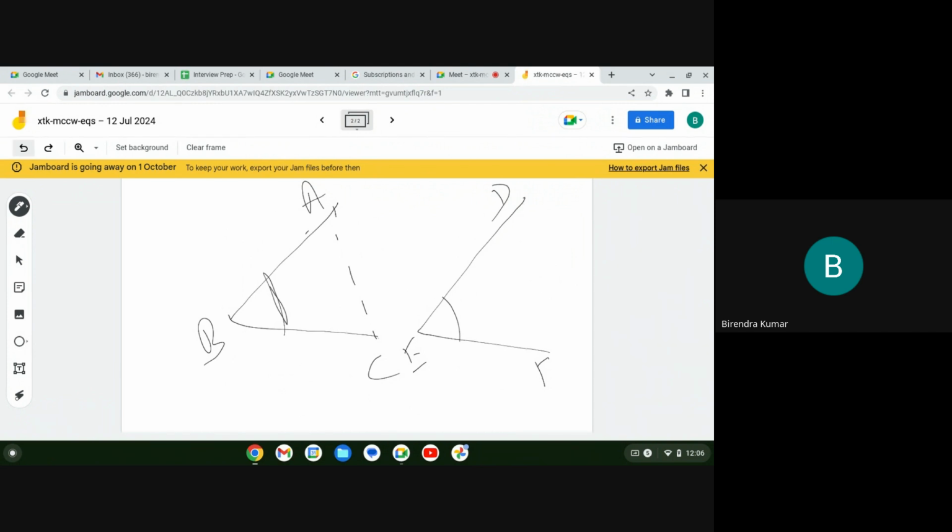Now you look at this angle and this angle. So this side has to be the same as this side.